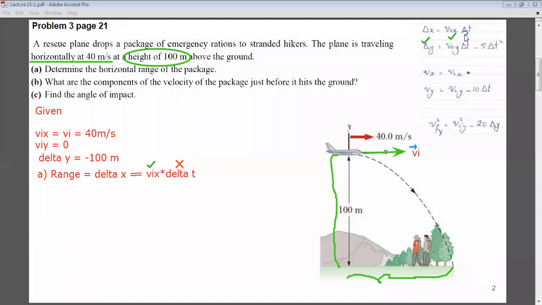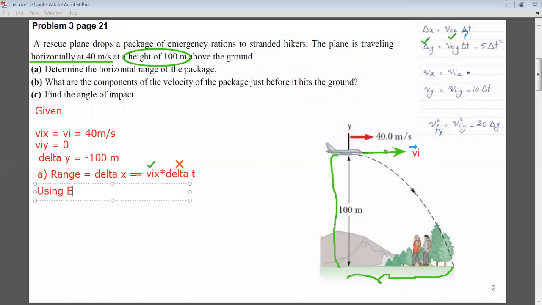And what we are looking for is delta t. So we use this equation. Can we use another equation? We cannot use anything with x because this is y. Let's look at the fourth equation. We don't have the velocity at some other time, so we cannot use it. Same thing, we cannot use the last one. So we have to use equation number 2.